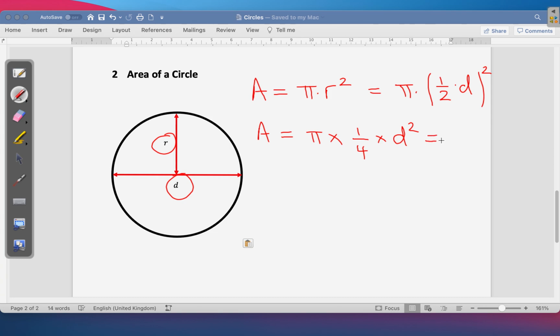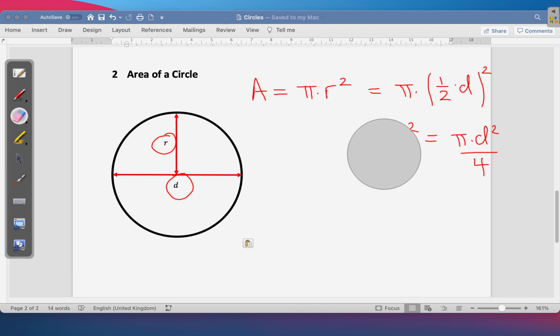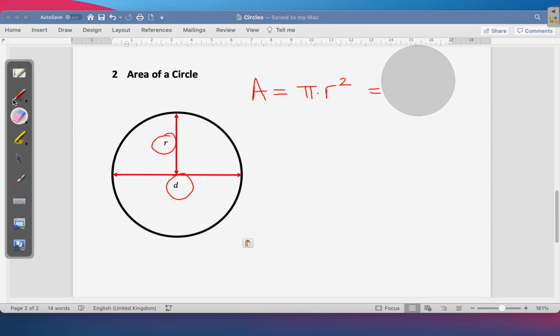So we end up with pi times d squared over 4. So that means we have two expressions for the area of a circle. We can either use pi r squared or pi times d squared divided by 4.